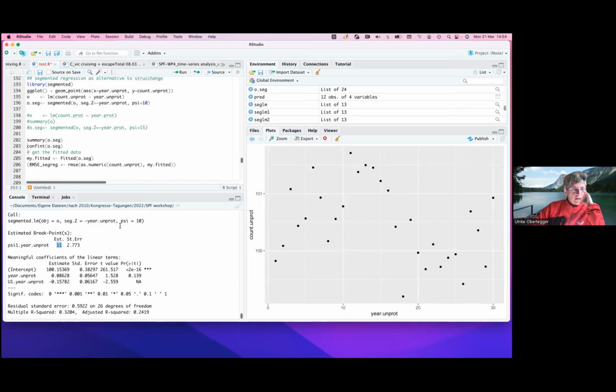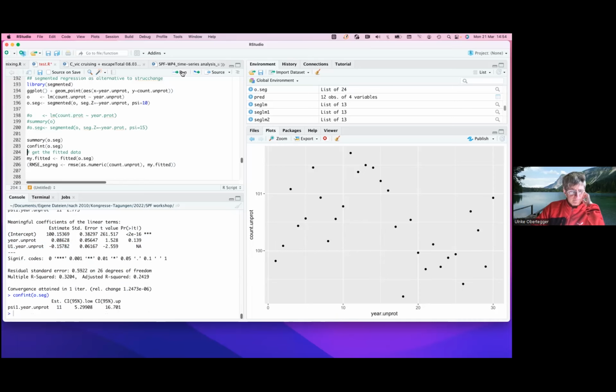When you do summary on segmented, you will never get any p-value for the second slope, okay? Never ever, because it's not implemented in segmented. And if you do confint, you get again a confidence interval for the breakpoint, and it is quite large, 5 and 16.